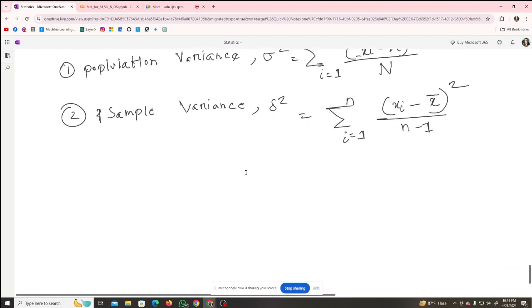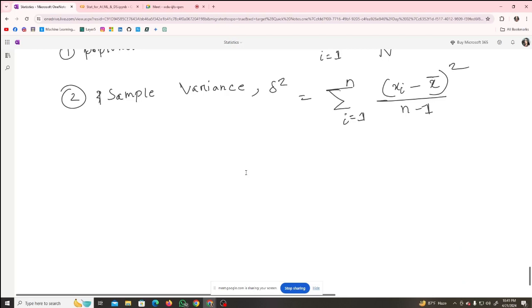Okay, so suppose you have 6 dogs, or cats, whatever your favorite animal is, and we have a data set which is the height of the dogs.